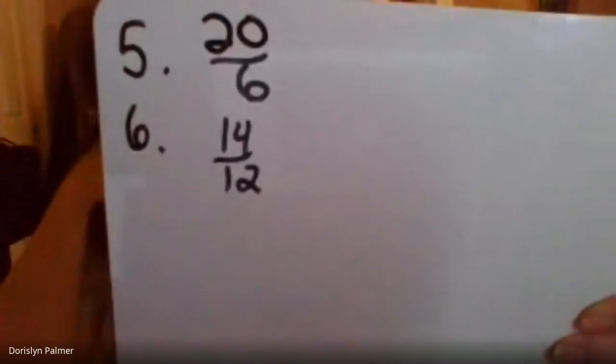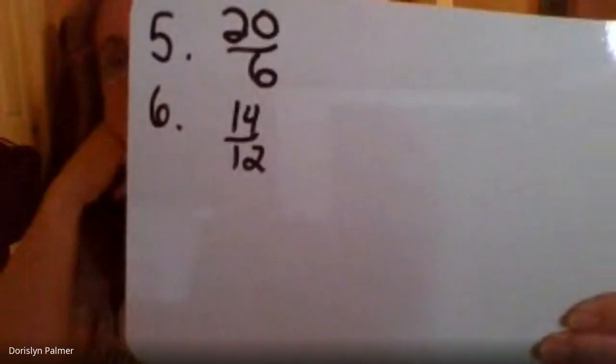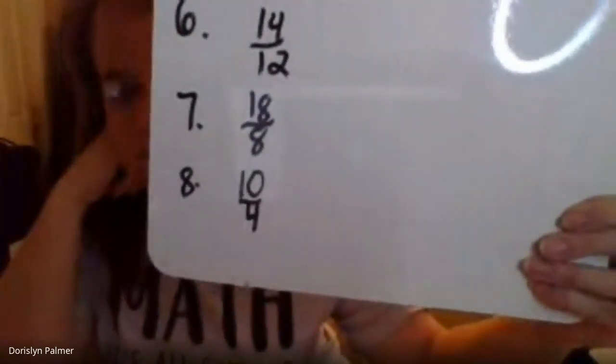Number 7, David S. David S., you have to unmute. 18/8. Number 8, Sod. 10/4. Good. Number 9, Taryn.